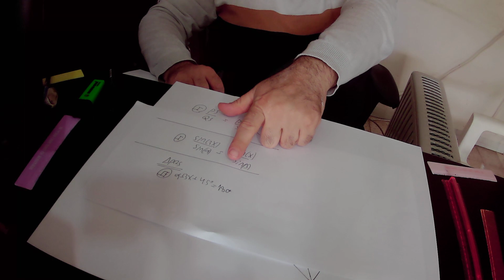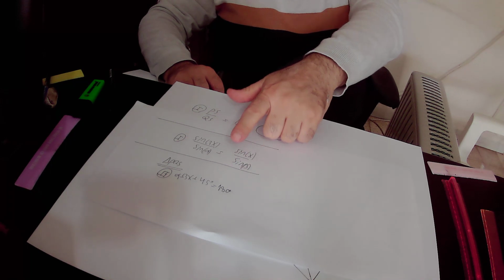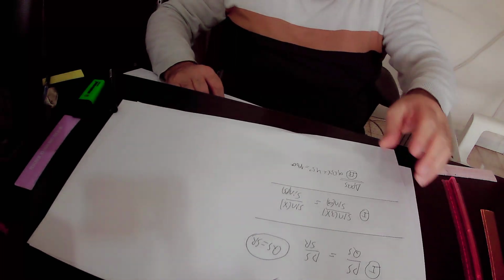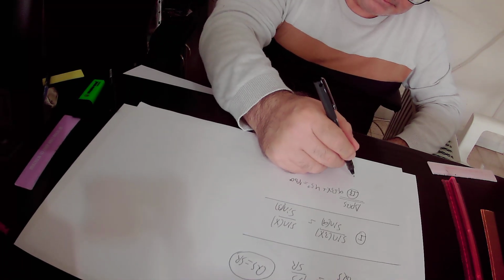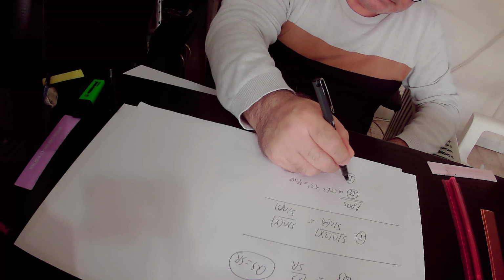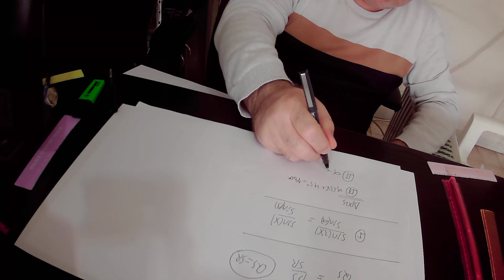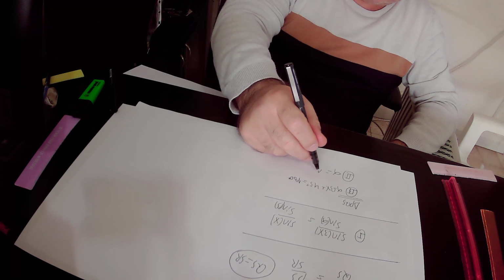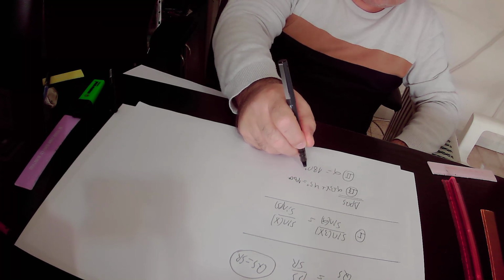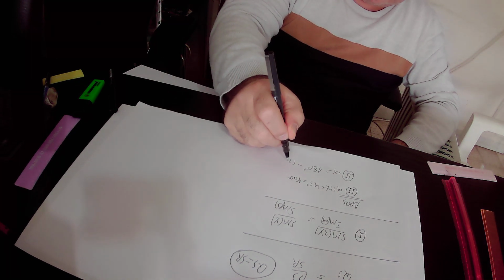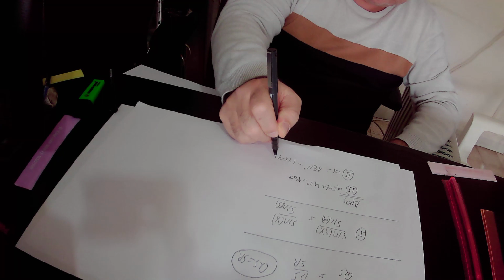Here we will subtract 45 degrees and 3x from equation number 2, and we will get that alpha equals 180 degrees minus (3x plus 45 degrees).